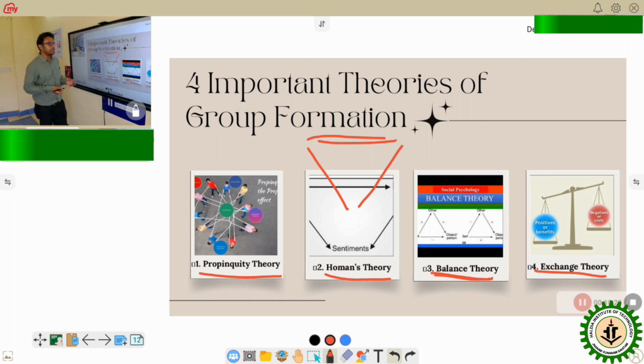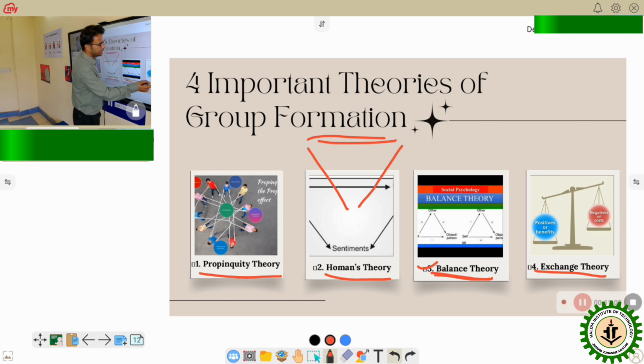Balance theory is where people share the same kind of norms and values with each other. Suppose a few people support the same IPL team, they create a group. Suppose there are people who support the same political party, they create an informal group with each other. In this fashion, they maintain balance between themselves. So that is called balance theory.